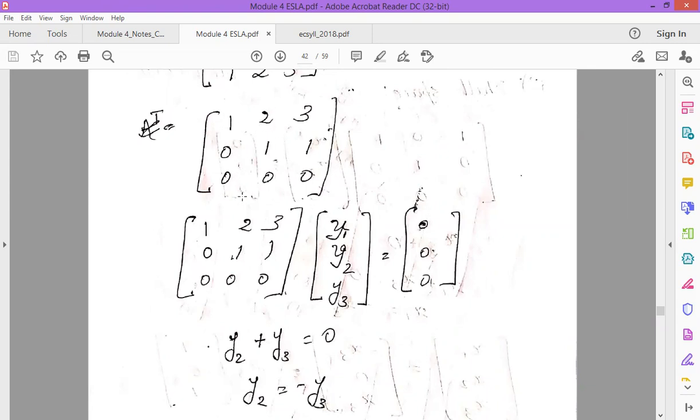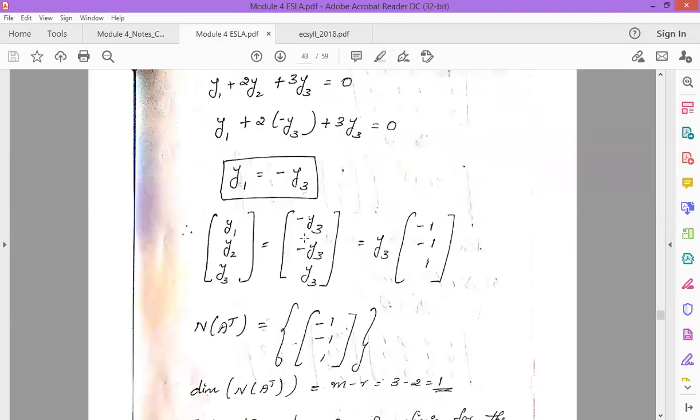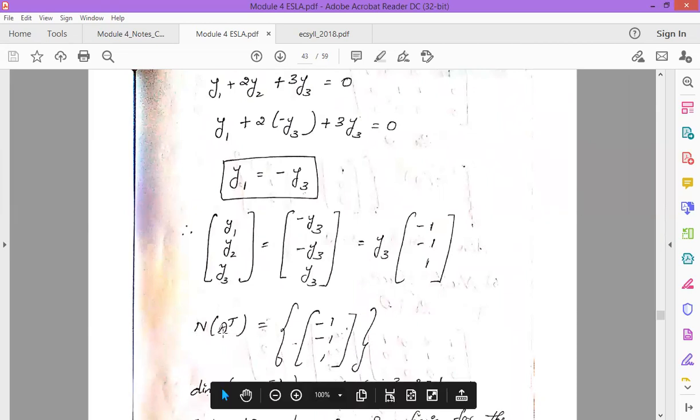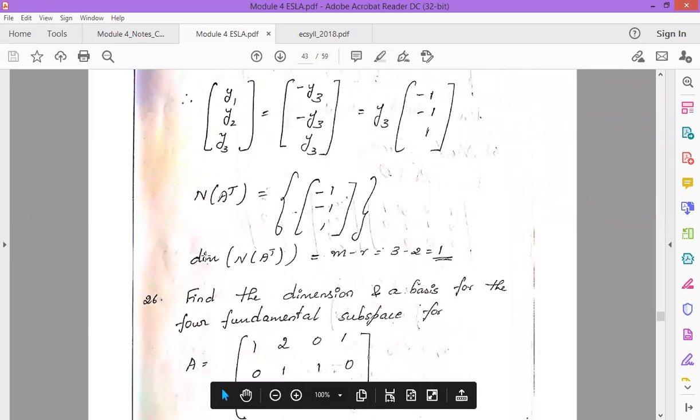In the third row we do not have any pivot elements, so the corresponding y3 variable is considered the free variable, which belongs to R. So y3 can be taken outside, and within the bracket we write minus 1, minus 1, 1. This represents the null space of the A transpose matrix. The dimension of this is also equal to 1.